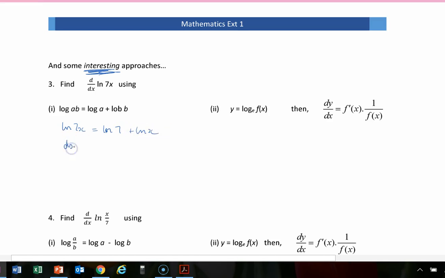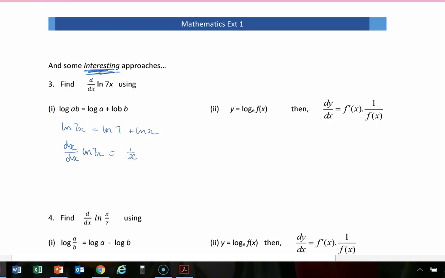So the d dx of log 7x, the derivative of this, the log of a constant, well, the derivative of a constant is 0, is nothing, and the derivative of x is 1 on x.